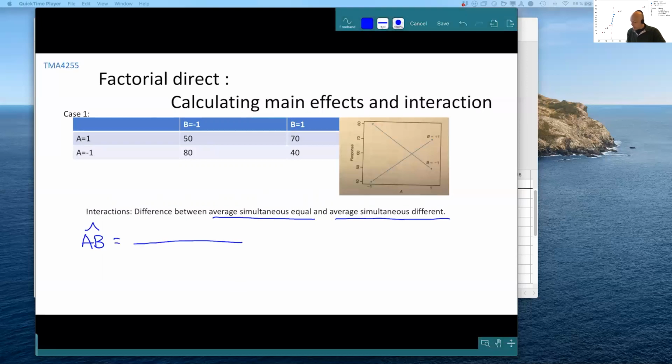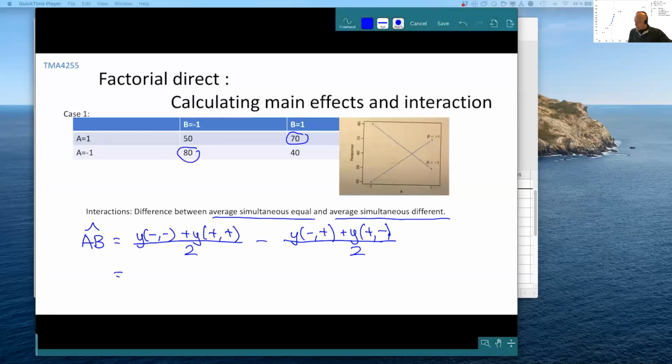So what would they be simultaneously equal here? That would be when they are both low, so that's here. And then when they are both high, because then A and B are the same. And we take the average of this. And then we subtract the average when they are simultaneously different. So that means minus, plus, or plus, minus, and the average.